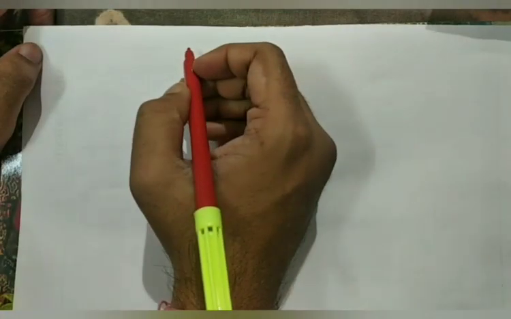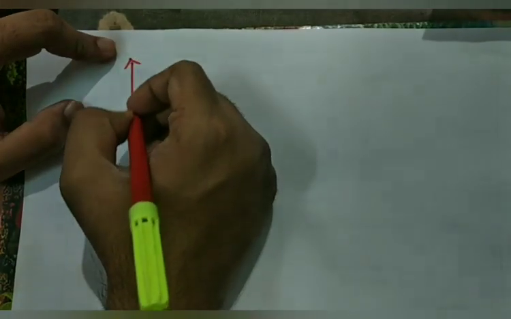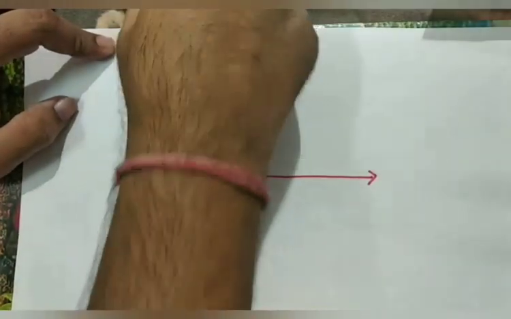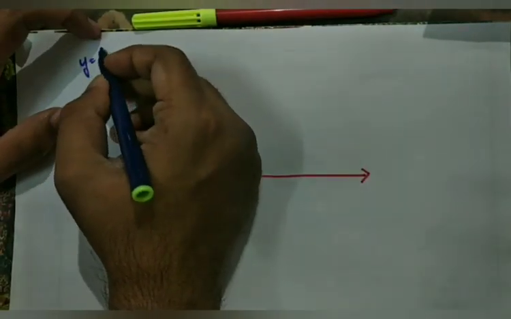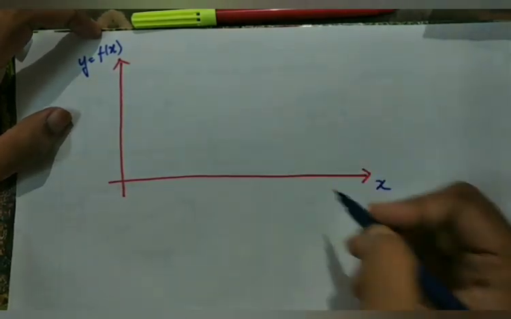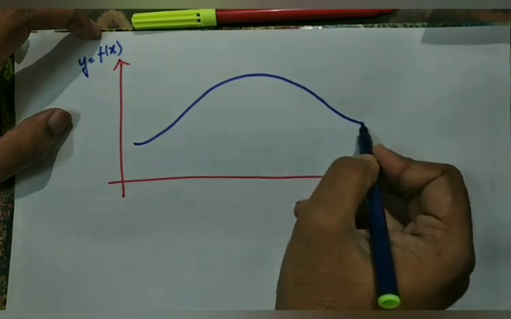Now, let's see. We have y is equal to f(x) and an independent variable x, and the variation is somewhat like this.